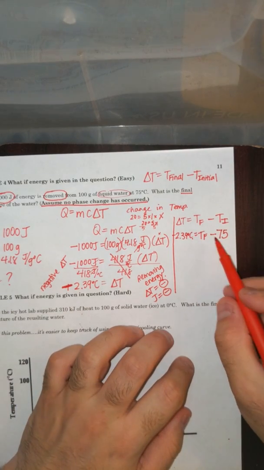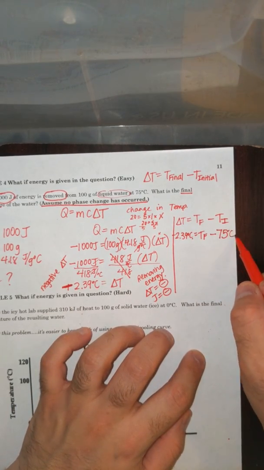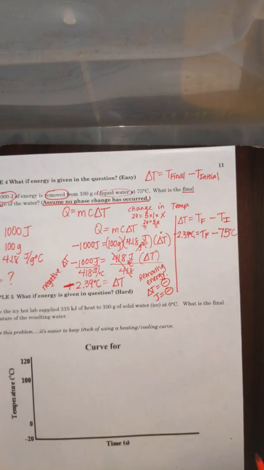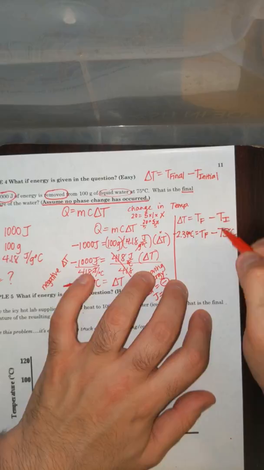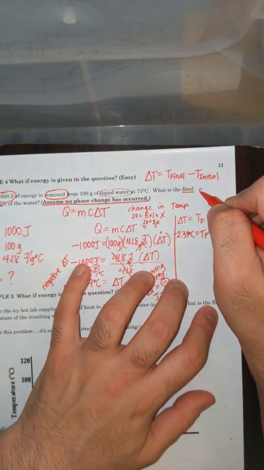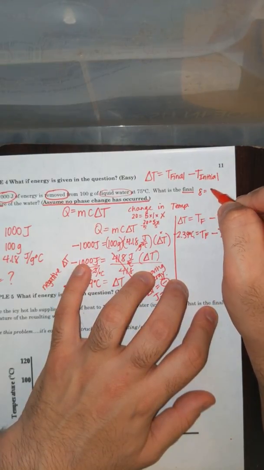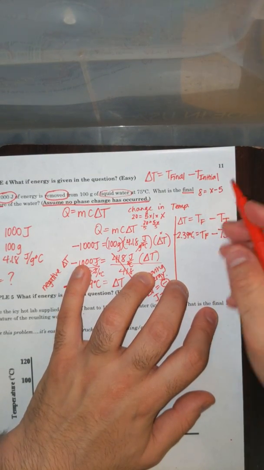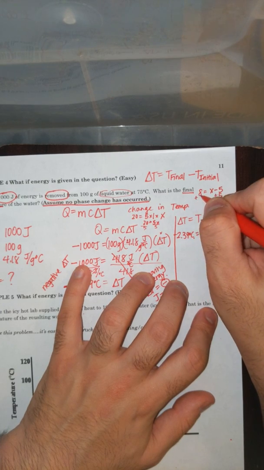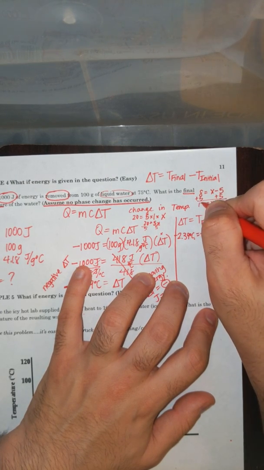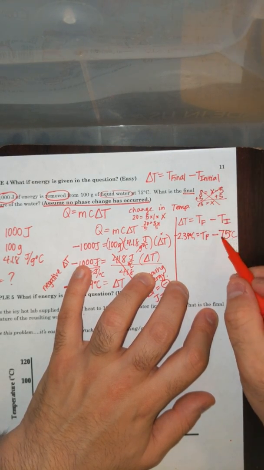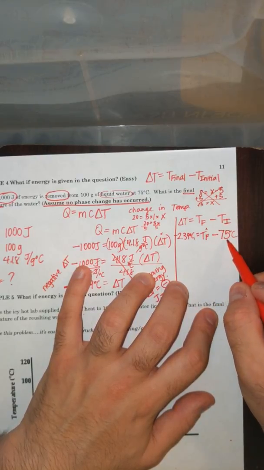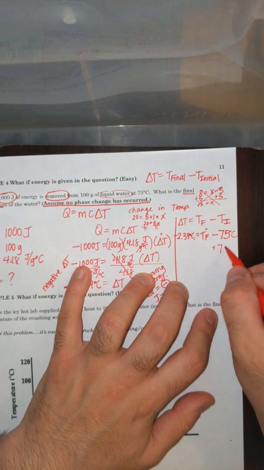So T final minus 75 degrees Celsius is equal to my delta T. If I want to solve for T final, it's like solving 8 is equal to x minus 5. How would I solve that? I add 5 to both sides, and x is equal to 13. In this case, x is T final, so I'm going to add 75 to both sides.